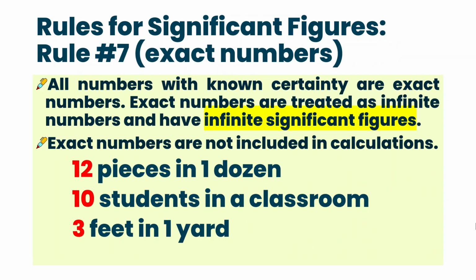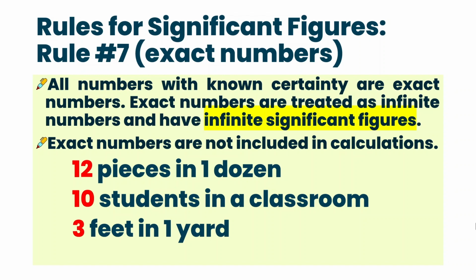Okay, the last rule for significant figures. How about exact numbers? Exact numbers are numbers that are very sure. They are constant numbers. They are numbers taken from counting. If you personally counted all of the objects and you reported them as such, they are considered exact numbers.